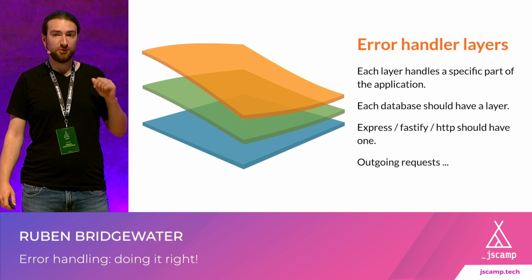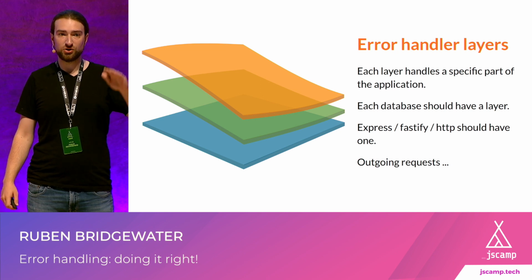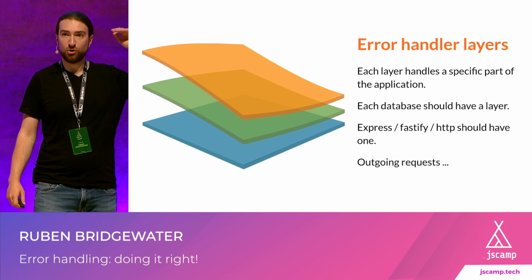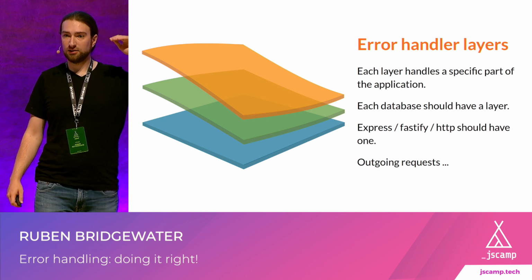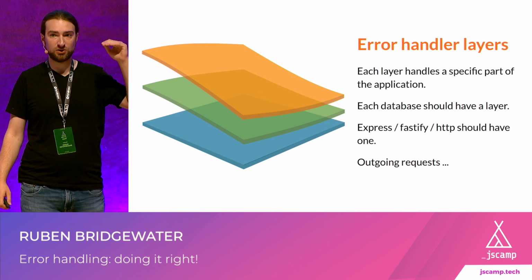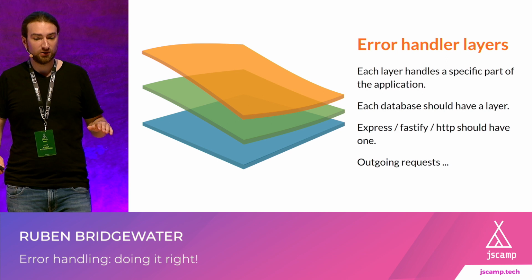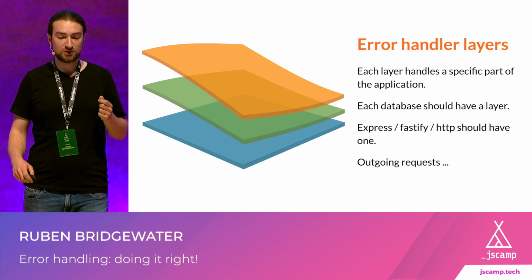That way, if there is an error anywhere in your call chain, it will bubble up until the point where you're able to handle it, until you have this one try-catch. There should normally not be a lot of try-catches in your code. So each layer has one of these try-catches.